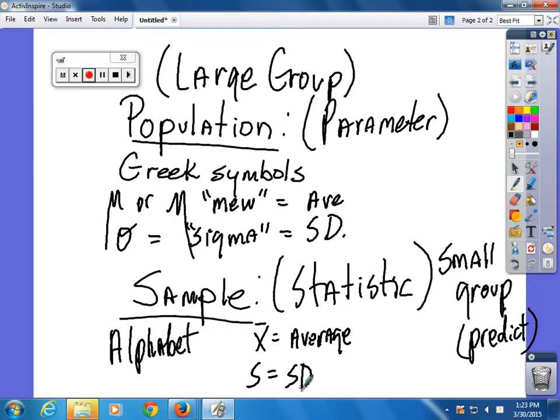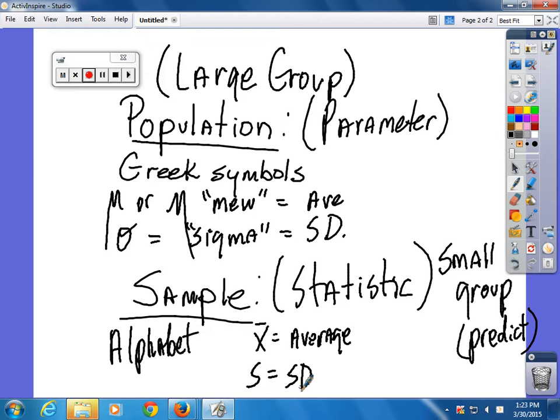So if you're in a meeting in the future, next 5 or 6 years, and some dorky guy is giving these kind of numbers, and you see mu or you see sigma, then you know it's the population. If you see S or X, then you know it's the sample. And that's why you have to know this. Okay, it's not much.